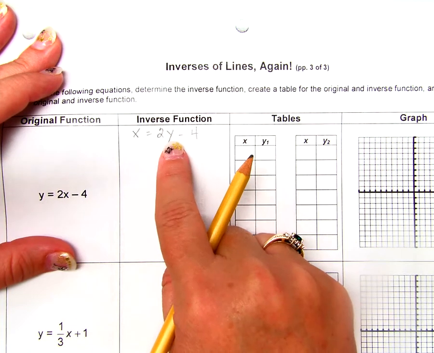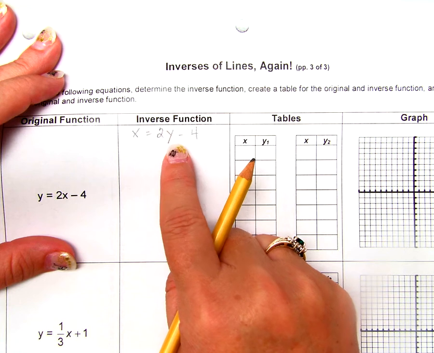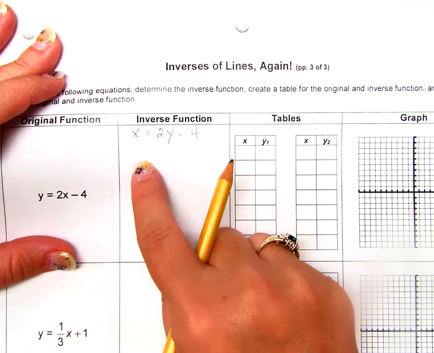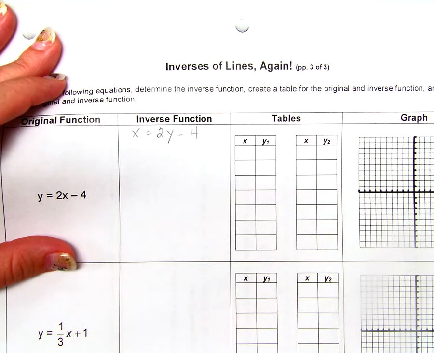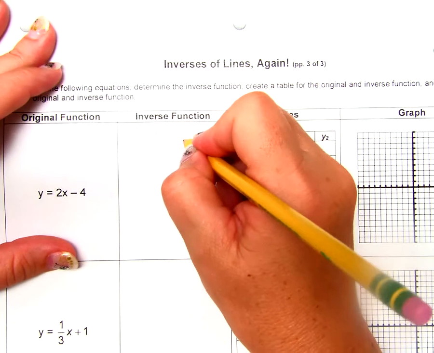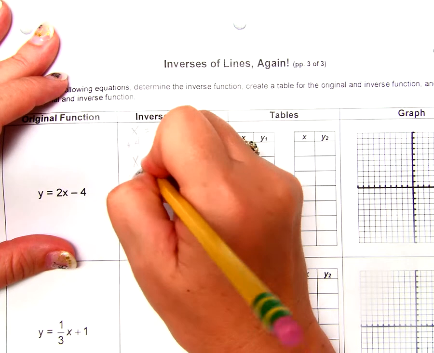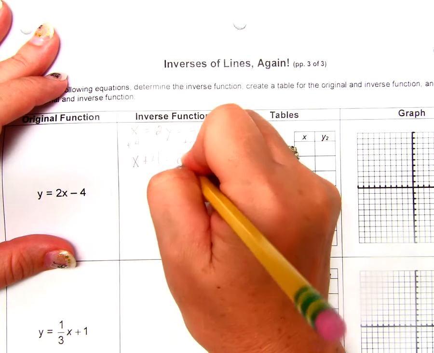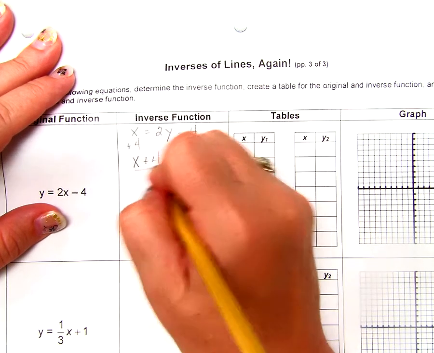And then what do I do to solve for y? What do you do first? Add 4 to both sides. And then what? Divide what by 2? That whole side, right? So if I add 4 here and add 4 here, I get x plus 4 equals 2y. Then divide everything by 2.